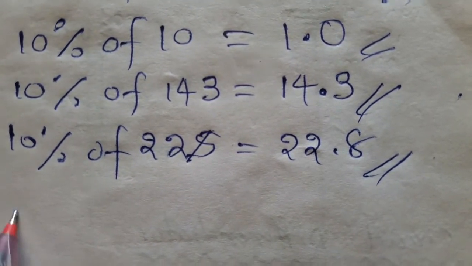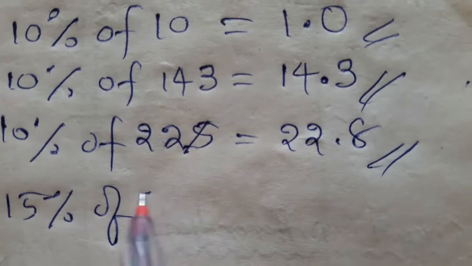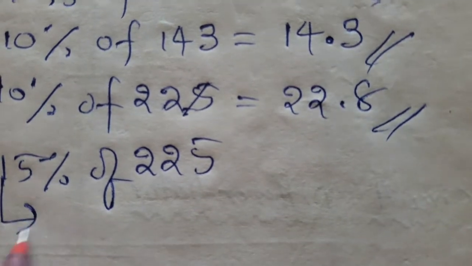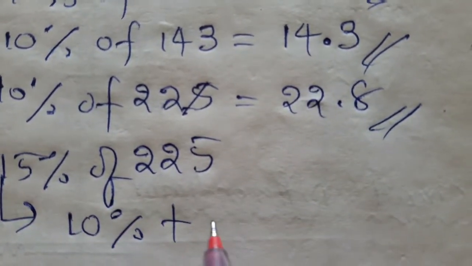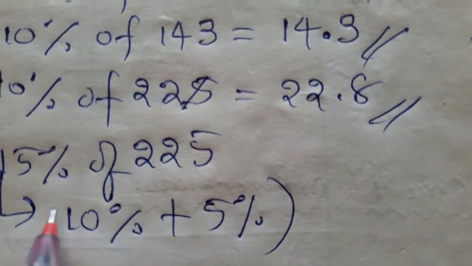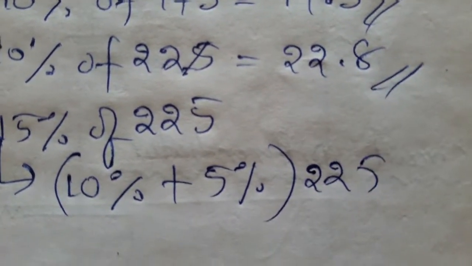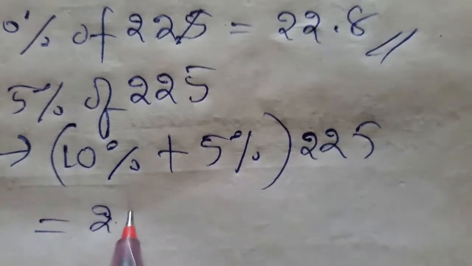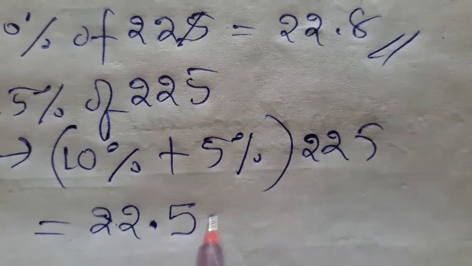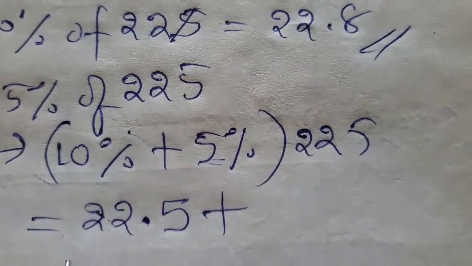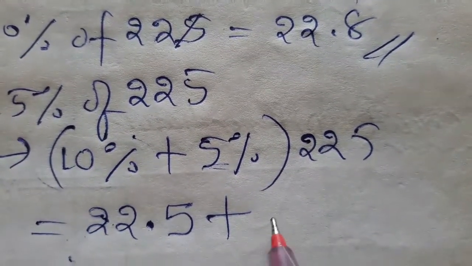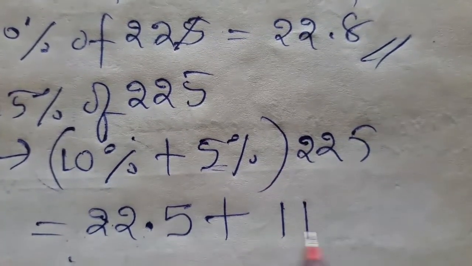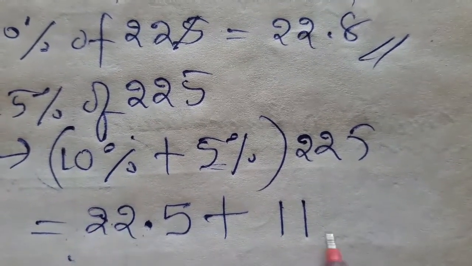See here, 15% of 225. 15% of 225 means this 15% can be written as 10% plus 5% of 225. See here, we already know what 10% is: 22.5. Plus 5%, which means half of 10%. So 2 ones are 2, 2 ones are 2.